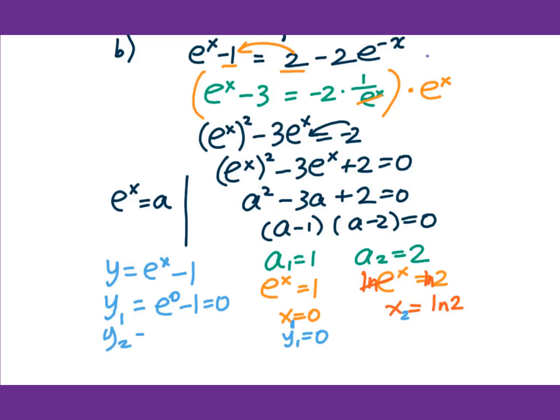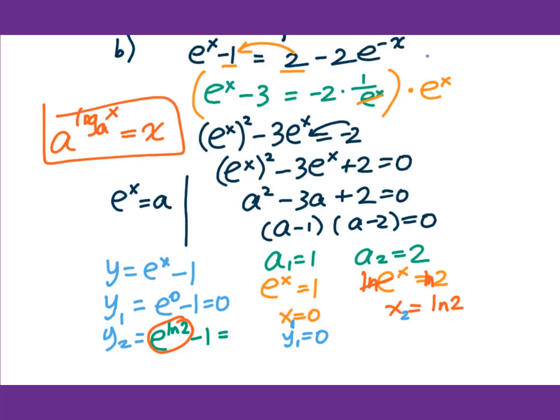For y2, e to the natural log of 2 minus 1 equals. This one, they give you 2 because e to the natural log of x equals x. This is the formula.